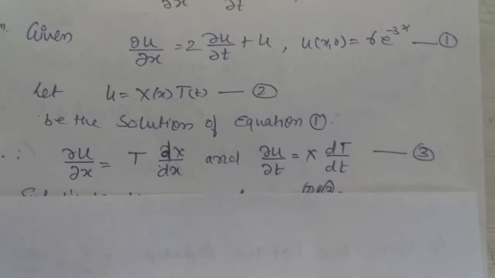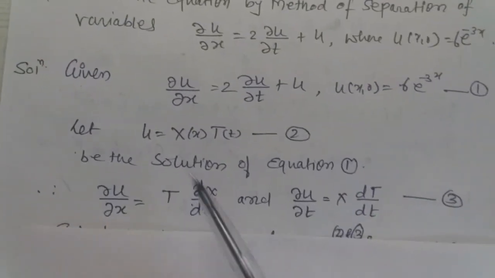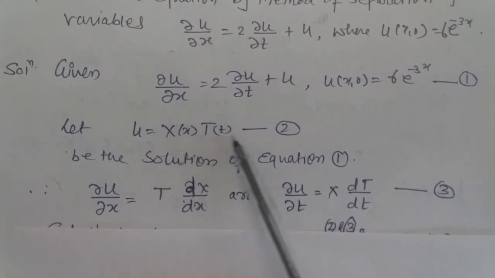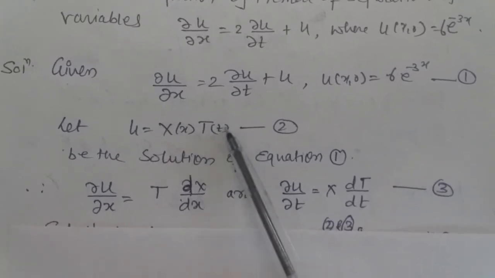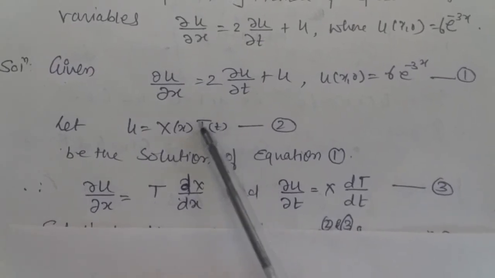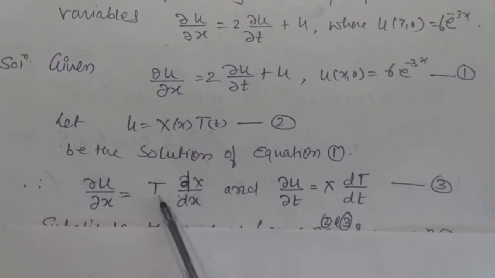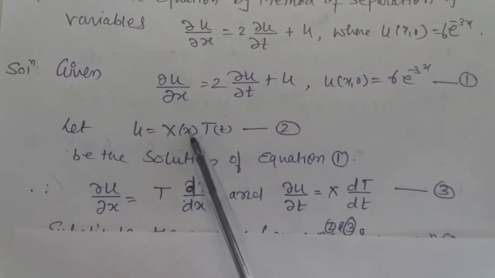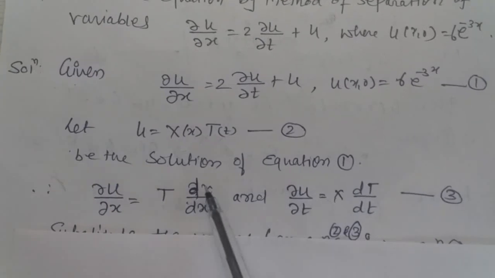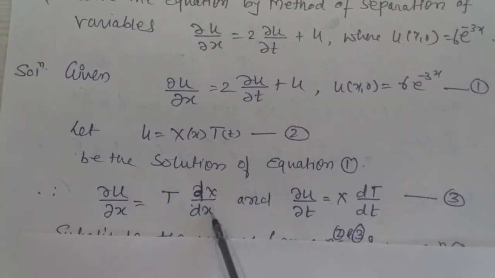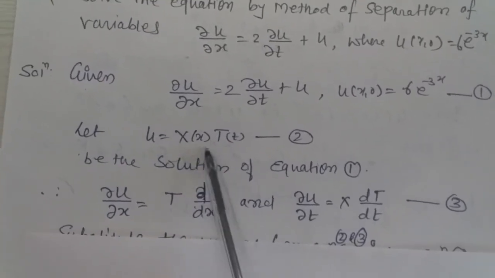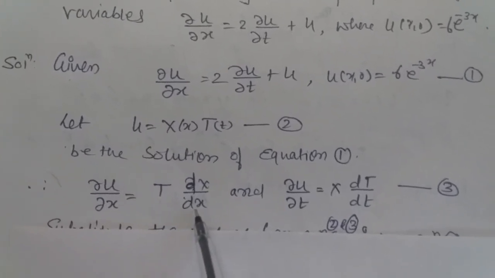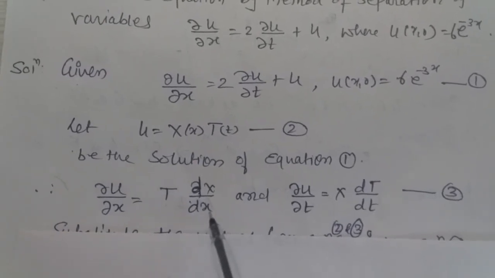So del u by del x, the partial derivative of u with respect to small x. Here capital T is a function of small t, therefore it is constant with respect to small x, so T is here. Now the partial derivative of capital X with respect to small x is d capital X by d small x, because X is a function of the single independent variable small x, therefore the partial derivative is the same as the ordinary derivative.